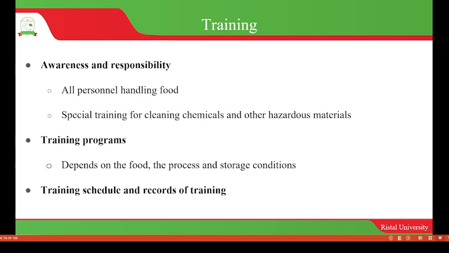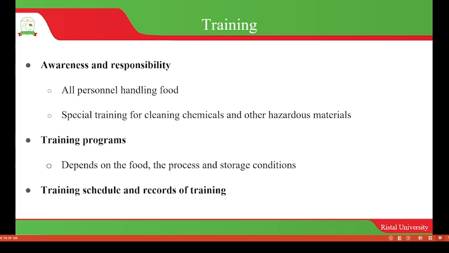So training has to be done regularly, especially for those workers who have no knowledge about how to maintain food safety, prevent contamination, and so on.